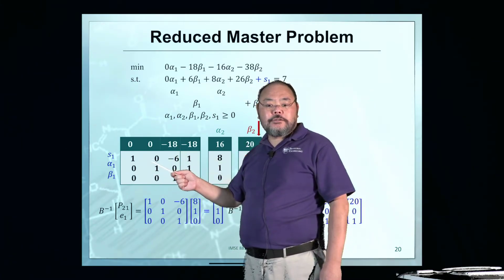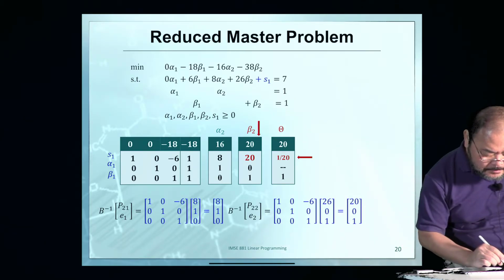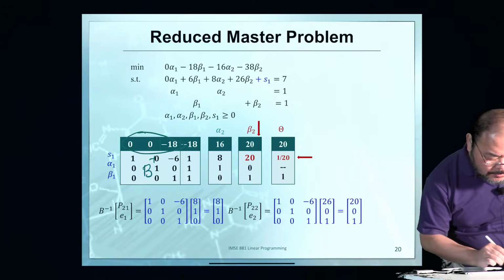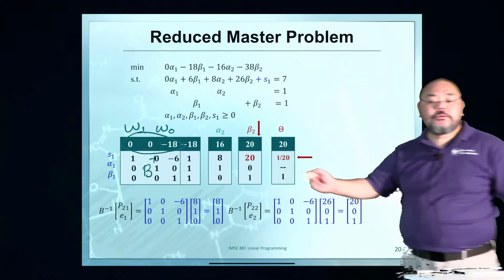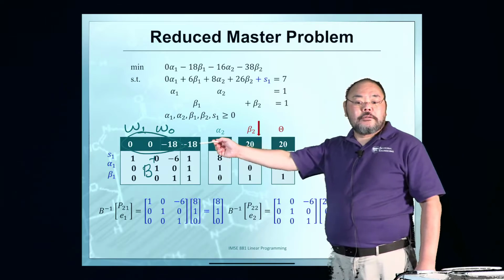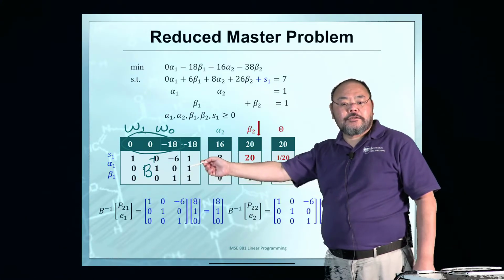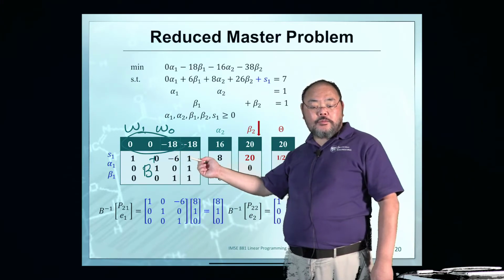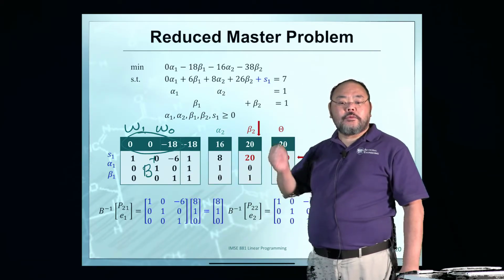This portion is the B inverse, and this part will be my omega 1 and omega 0. This is my objective function value, negative 18. These are the current basic solution with respect to the master problem, where S1 equals 1, alpha 1 equals 1, beta 1 equals 1.